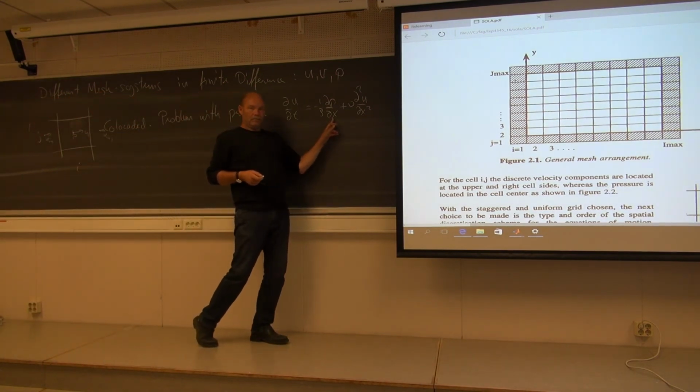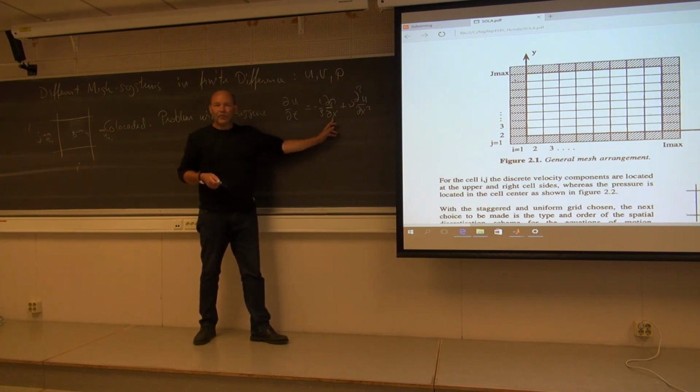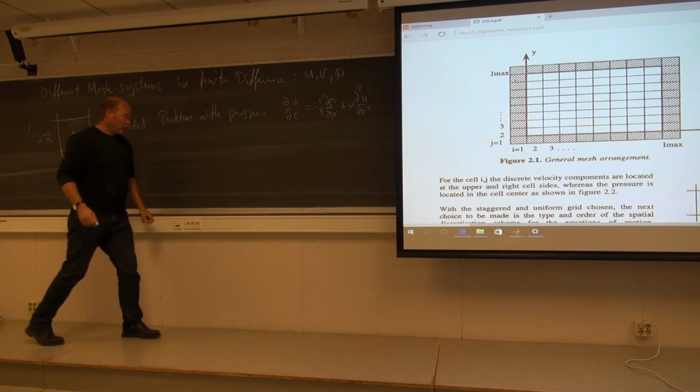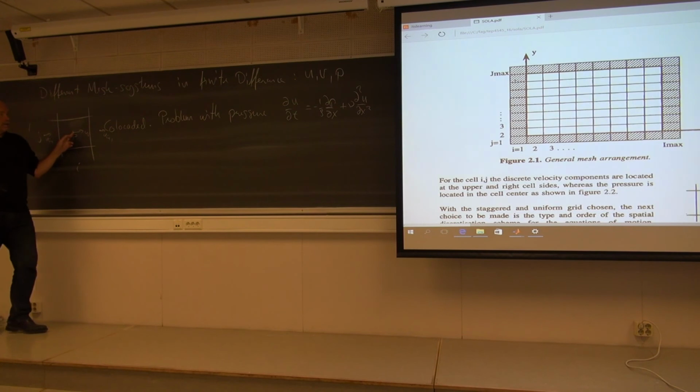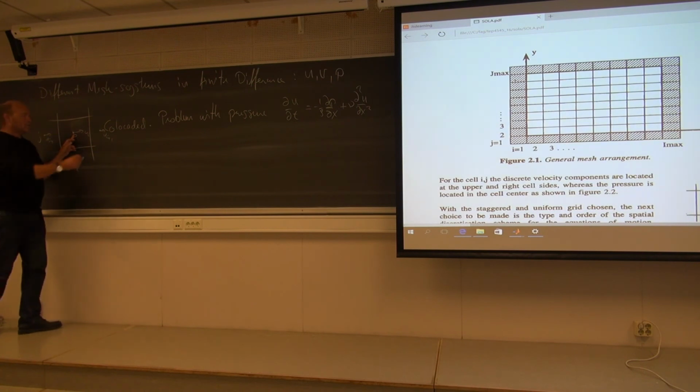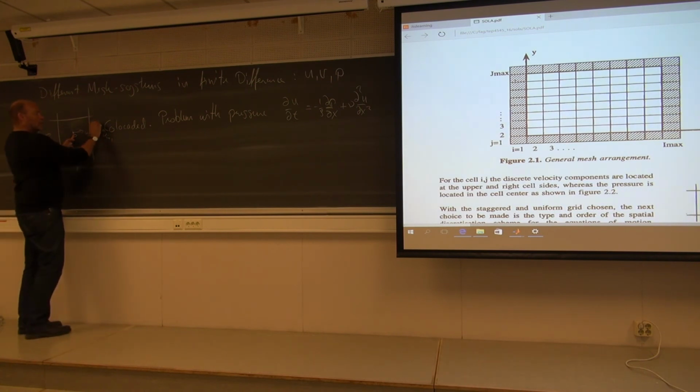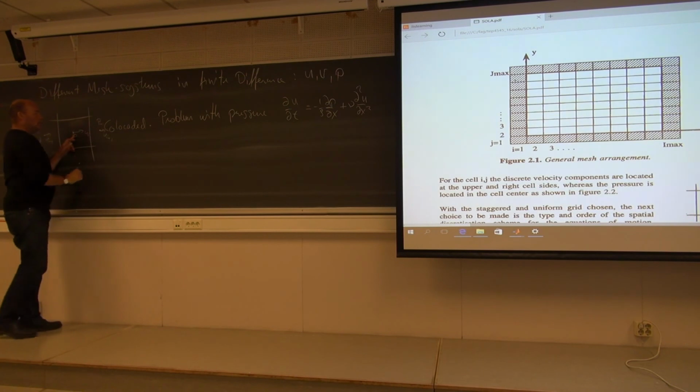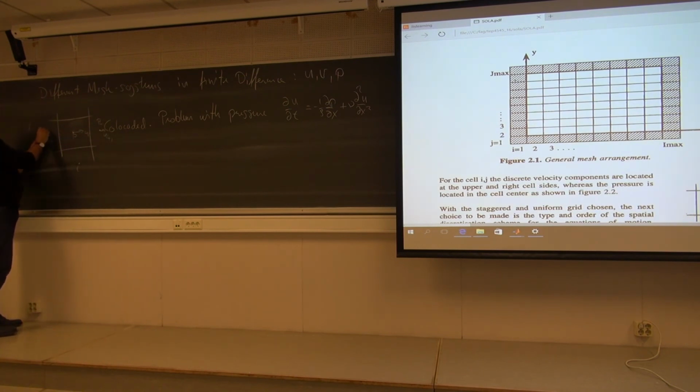What about the pressure? You need a pressure gradient located here. Well, you have a pressure point there, but how to create a derivative at that point? Then you're going to need the pressure here, P i plus 1, and the pressure here, P i minus 1.